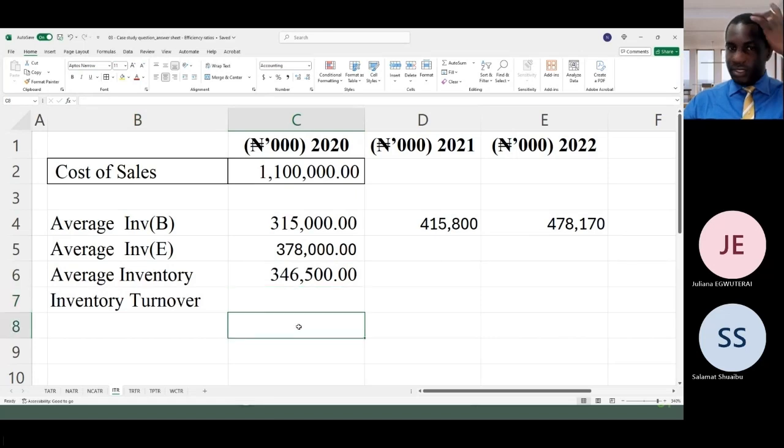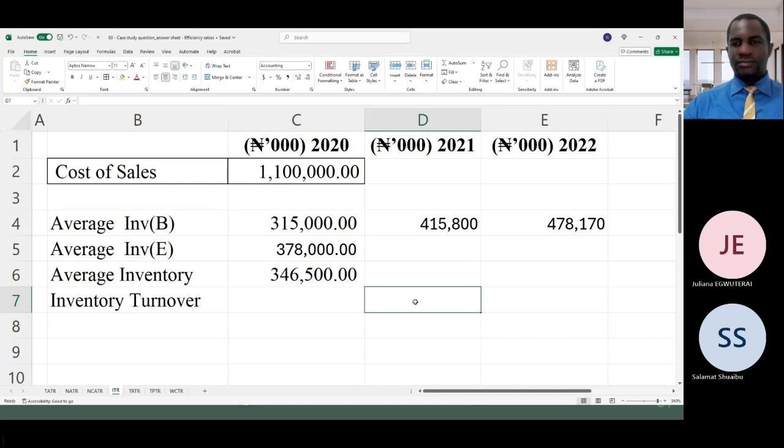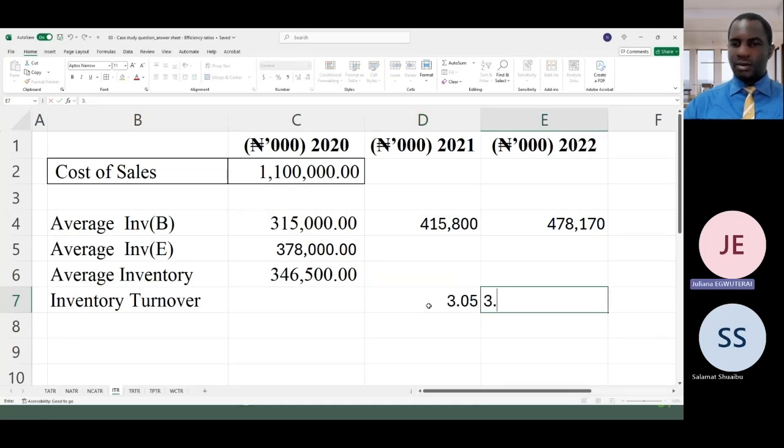Okay, so Julie, give me your figure. What did you get? I got 3.05 and 3.11. That's 3 times. Oh, is it for 2020 or for 2021? 21 and 22. Oh, okay, 3.05 and 3.11.